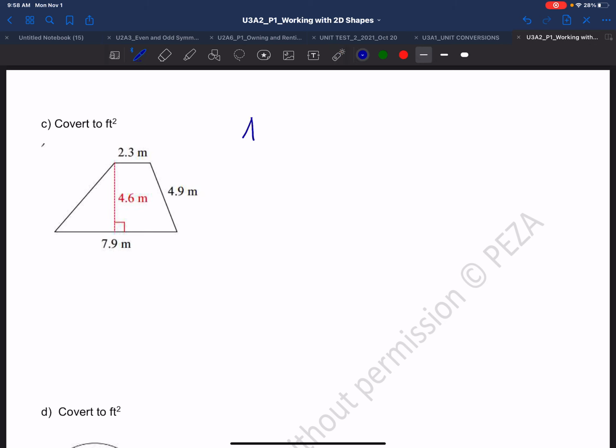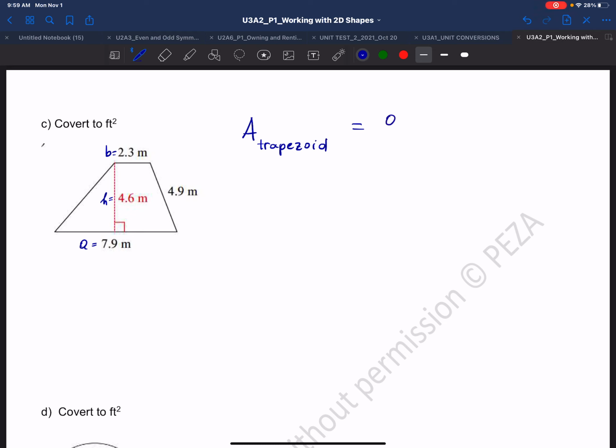So the area of a trapezoid is, remember, a trapezoid has two bases. The two sides that are parallel to each other are called the bases A and B. And the line that connects the two bases and is perpendicular to them is the height. So this will be the height.